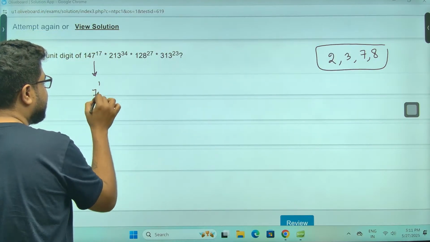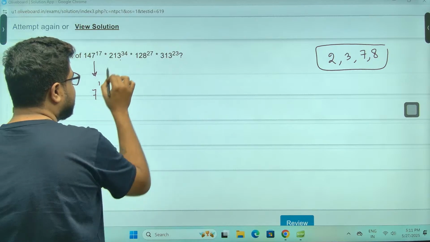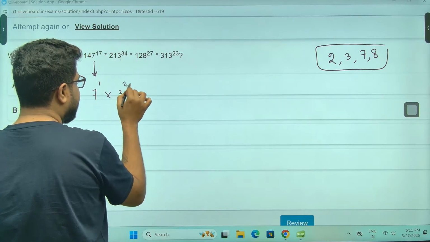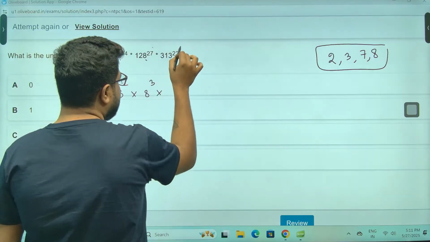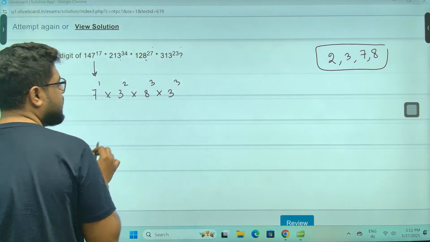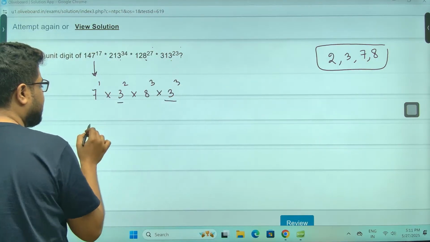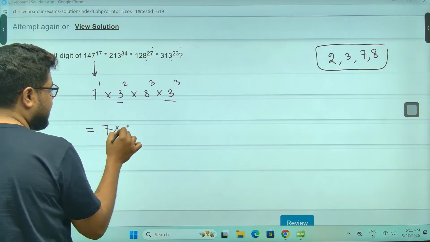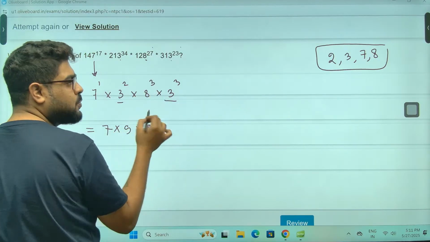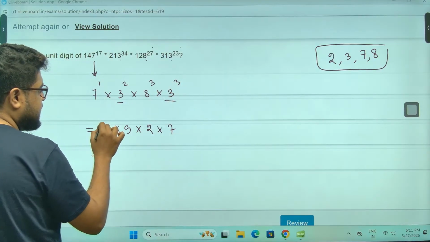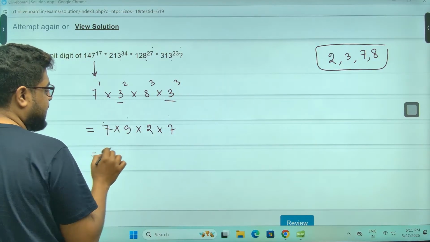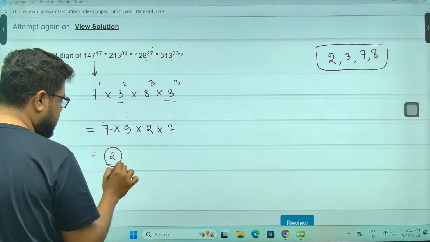So it is 7 to the power 1 into 3 to the power 32, which is divisible. So it's 3 square. 8 to the power 8 cubes, 3 to the power again 3. 9, 5, 1, 2 is 8 cubes. So I'm writing 2 only. This is 7. Cube is 7. So this is 7, 7, 9, 9, 9, 1. So the answer is 2. Unit digit must be 2.